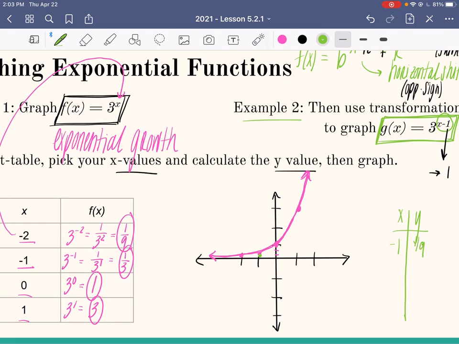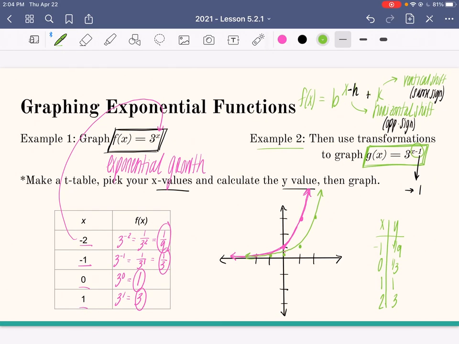And then it would be (0, 1/3), and then (1, 1), and then (2, 3). It's just shifted 1 to the right.